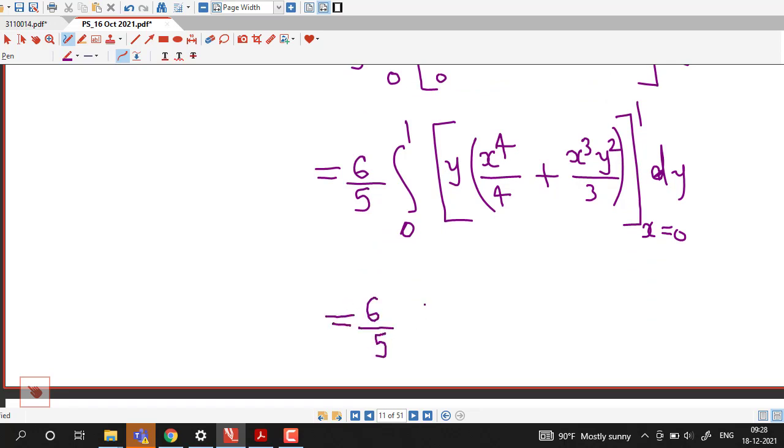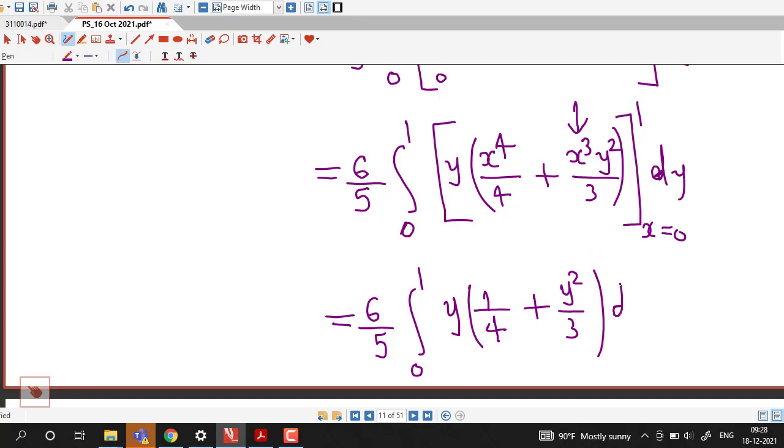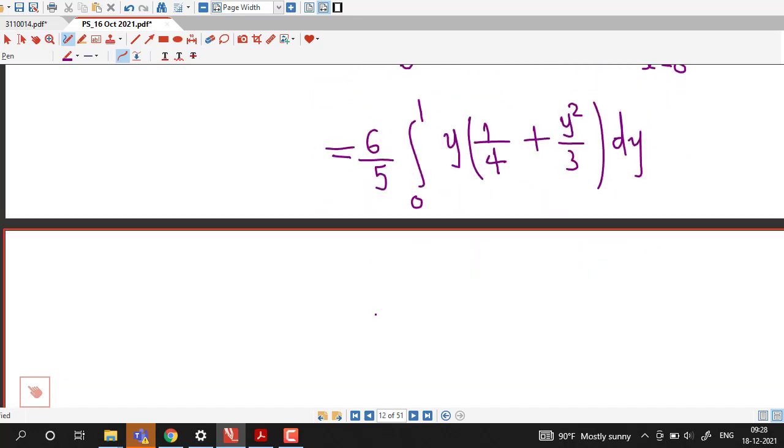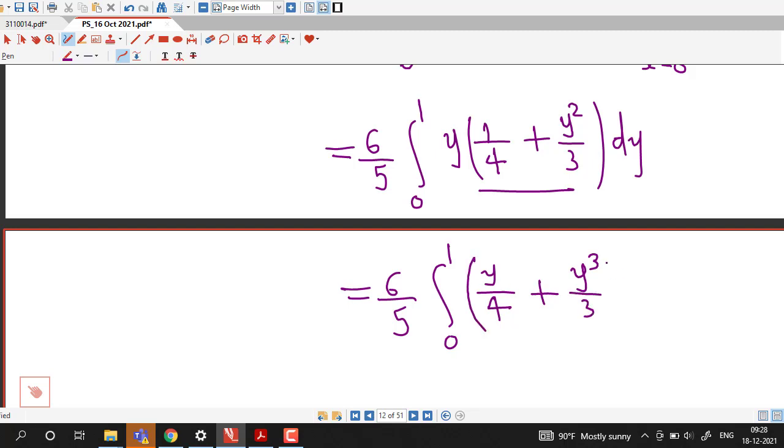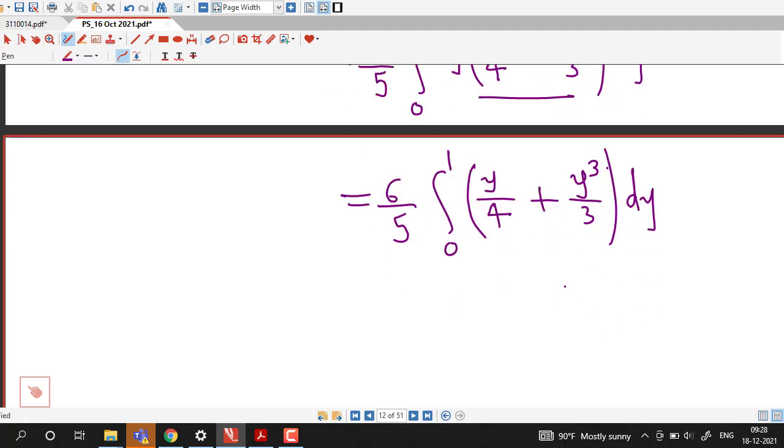So this is equal to 6/5 times the integral from 0 to 1. We first put x equal to 1, so we have 1/4 plus, since x is 1, 1 cubed is 1, y squared divided by 3, integrated with respect to y. We multiply the bracket by y and rewrite it as y/4 plus y cubed/3, integrated with respect to y.